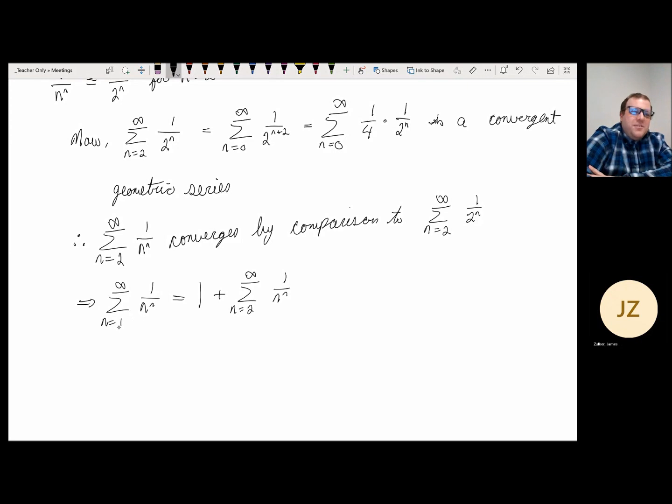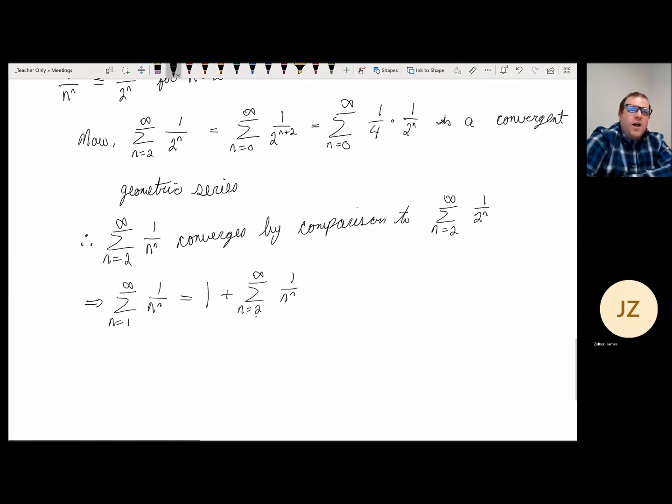If you let n equal 1, you just get 1 here, right? So what we're doing is pulling out the n equals 1 term and adding it to what's left. And we've just shown that this converges. So our series is 1 plus some convergent term, which converges.